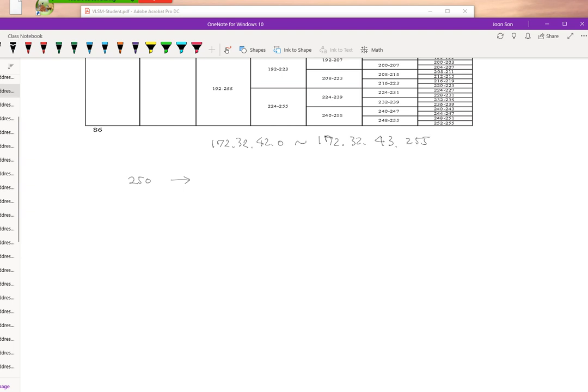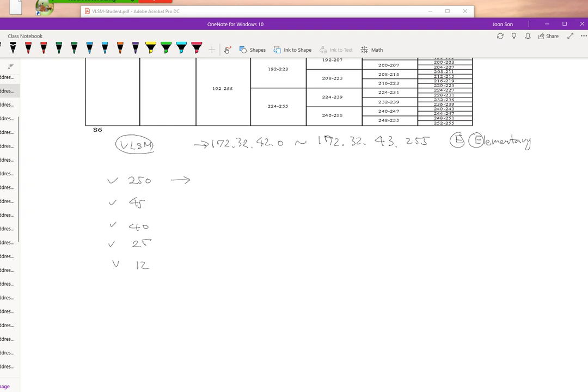This is the range of Eastern Elementary School. I'll just call it the EE network. We need to divide this network into 5 different networks with different sizes: 250, 45, 40, 25, 12. And that's why this is called VLSM, the variable length.